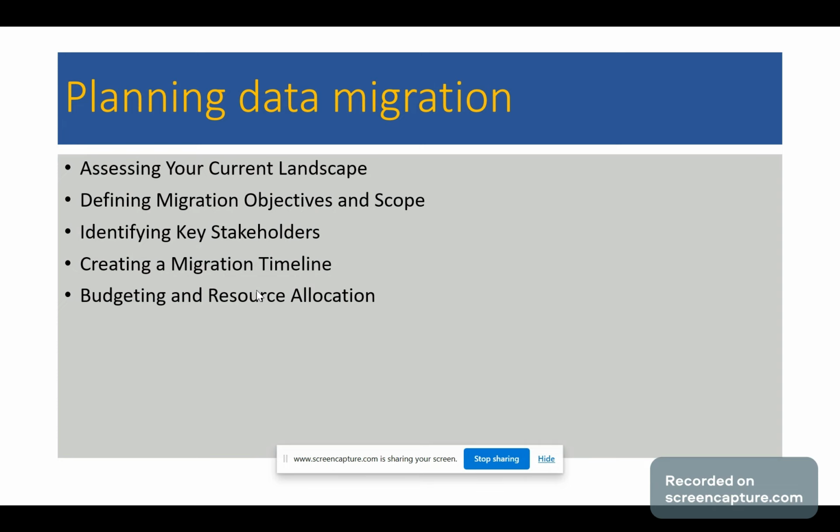And the next one is budgeting and resource allocation. We should have proper financial planning and resource management together to complete the migration project in a successful manner. Both should be together, then only the data migration project will be successfully completed.